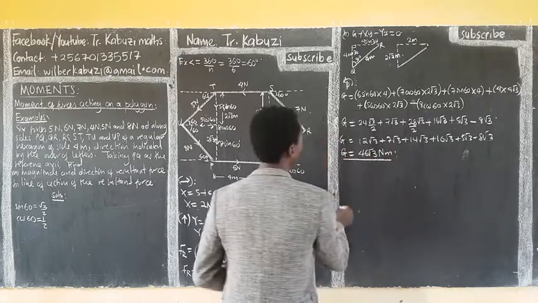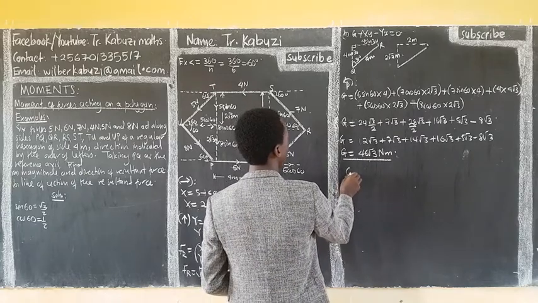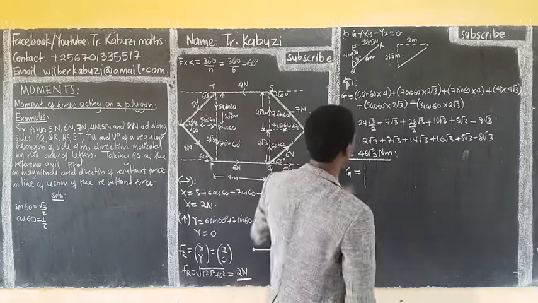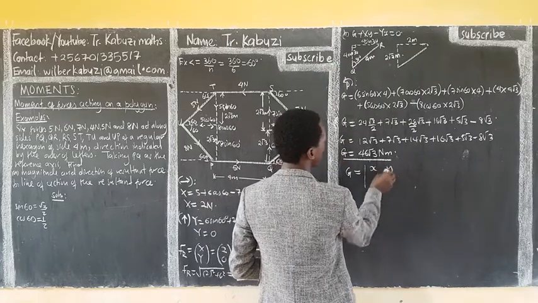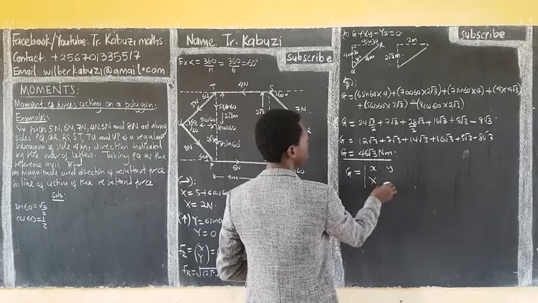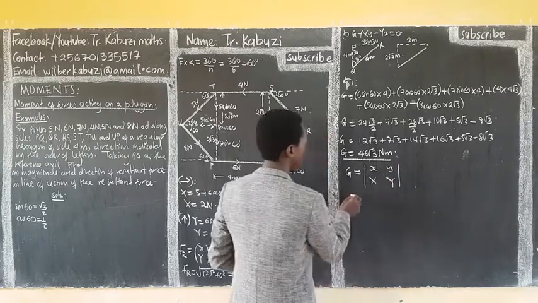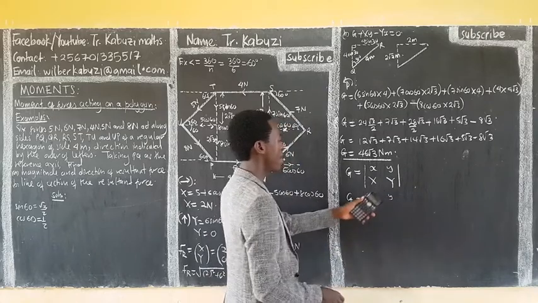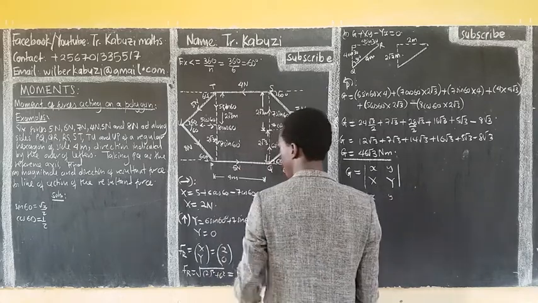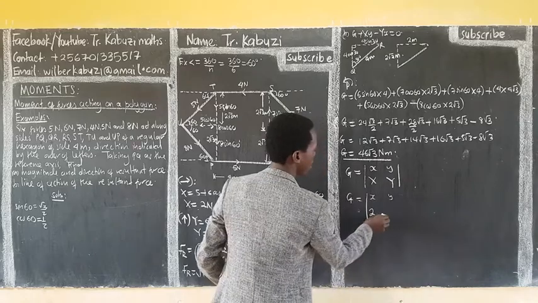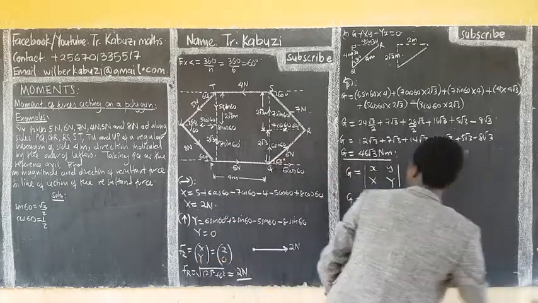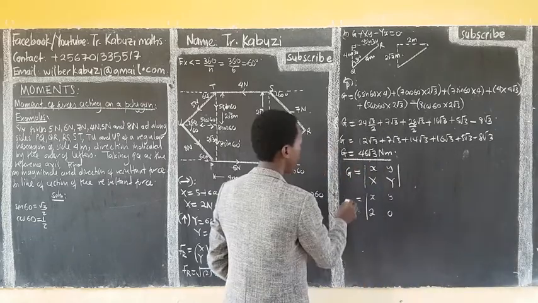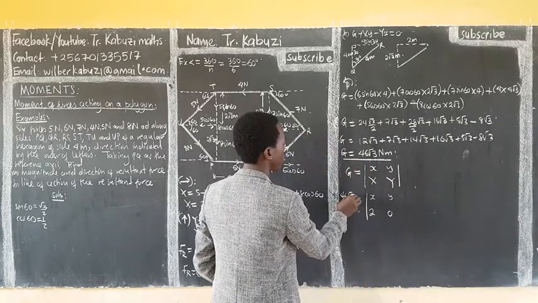So now, putting in our formula that our G is equal, we can put in this formula direct, or we can use our capital X, Y here. So here our G is going to be X, Y. Remember the X component is 2, the Y component is 0. And then our G here will go to 46 root 3.